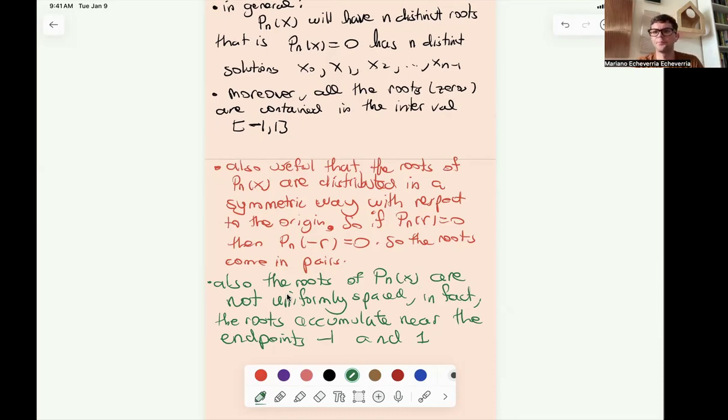Okay. So the idea in the Gauss quadrature is basically to do exactly the same thing that we were doing yesterday, but choosing the polynomial using these nodes.